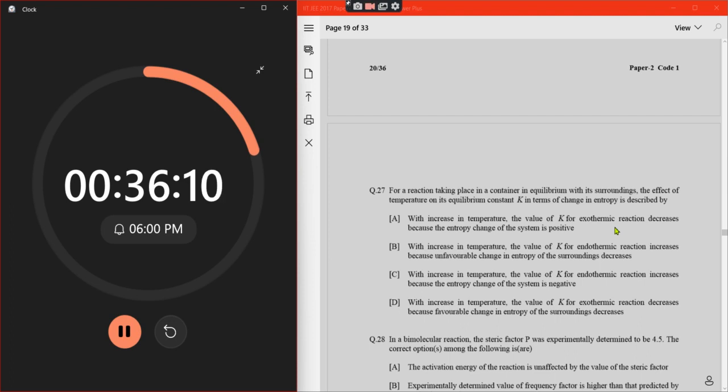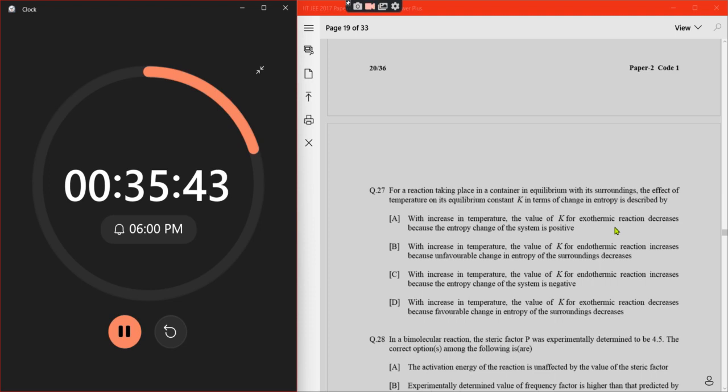So for these two should be at the same temperature or something, and तुम्हारी जो entropy का change है, that should be the maximum. That's what you want, right? With increase in temperature, the value of K for exothermic reaction decreases. Yes, I believe in that. Because the entropy change of the system is positive.